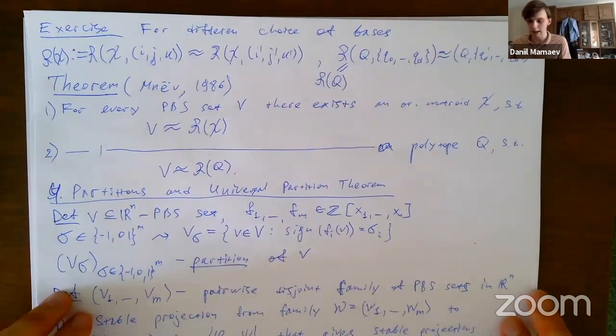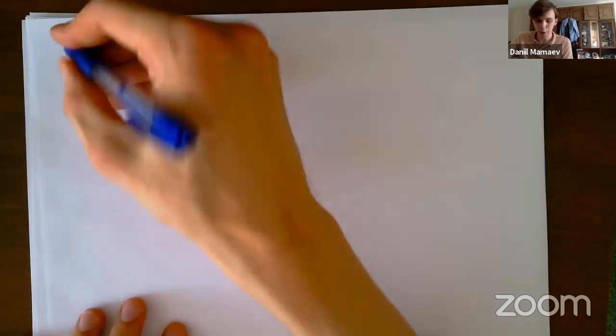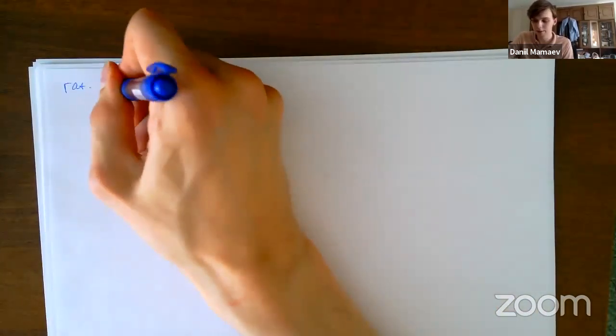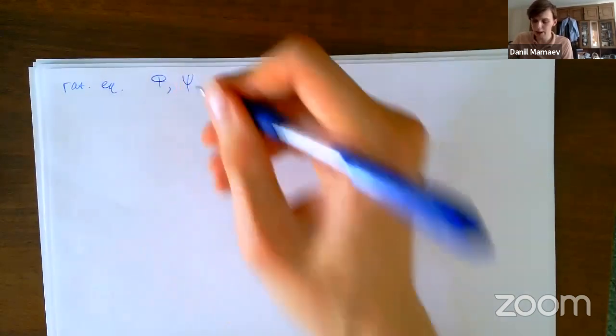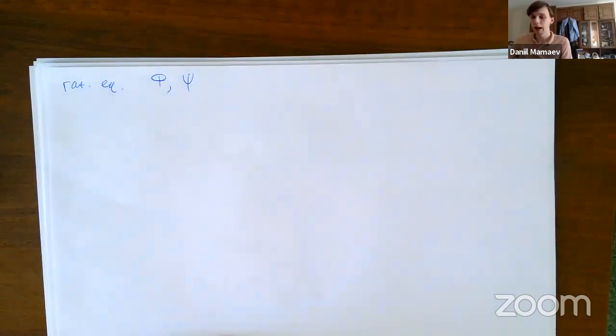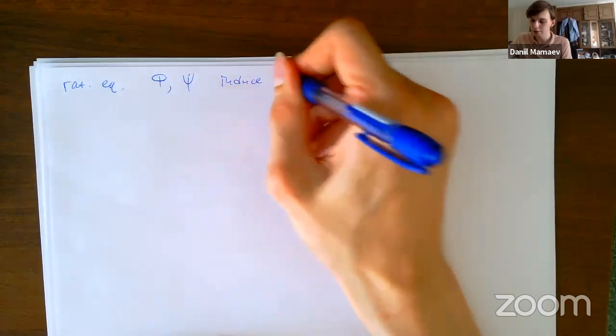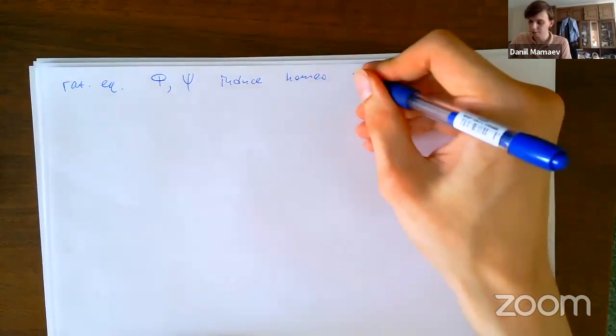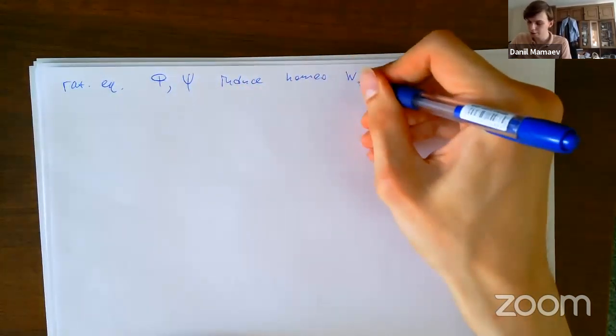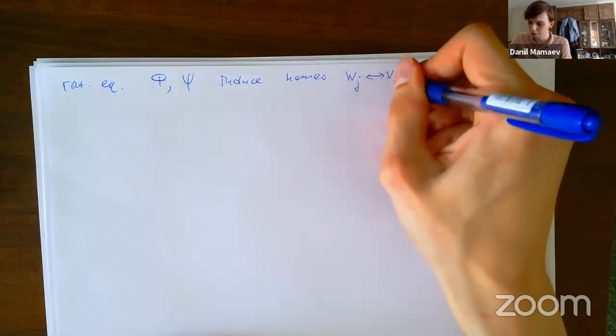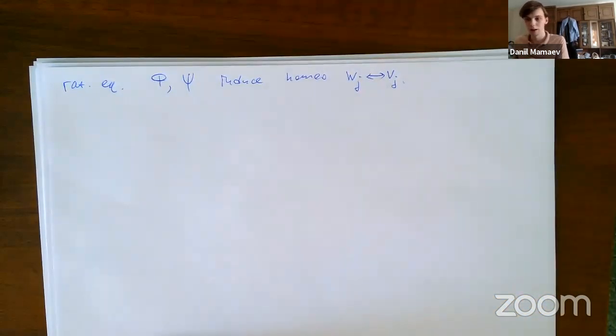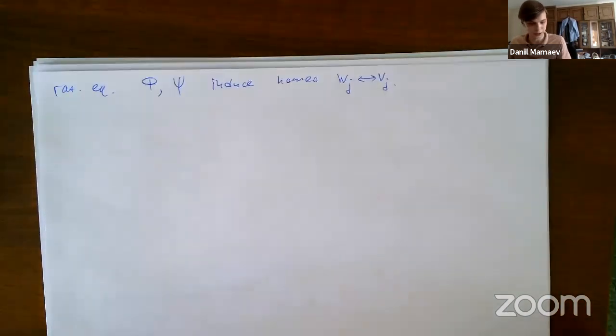And also, rational equivalence is again rational equivalence. You get this phi big and psi big, and they should induce a homeomorphism on each member of this family of primary basic semi-algebraic sets.